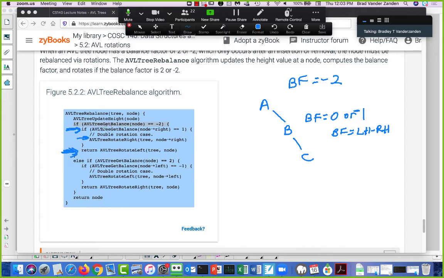So no matter what, when we get to this point, whichever case it is, we're doing the rotate about B, thus obtaining our new balanced tree.